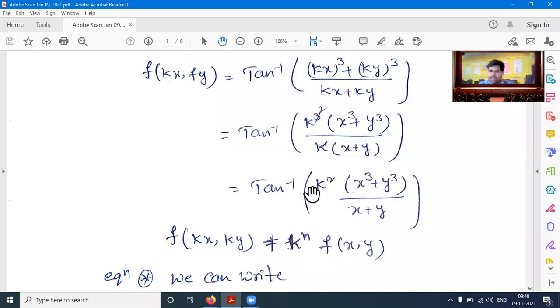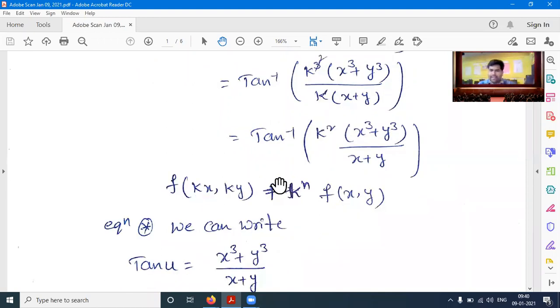No, because k square is inside, so we cannot write it as a coefficient of tan inverse. Therefore f of kx comma ky is not equal to k to the power of n into f of x comma y. If it is not like this, then it is not a homogeneous equation.